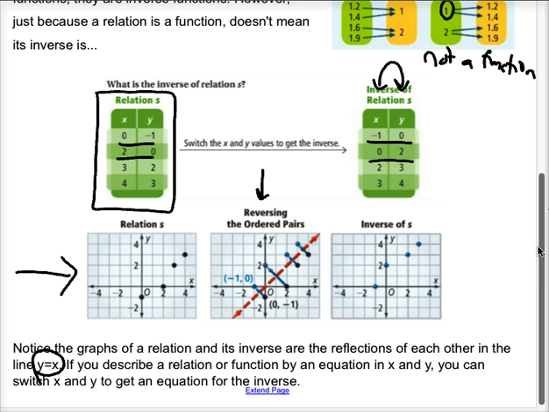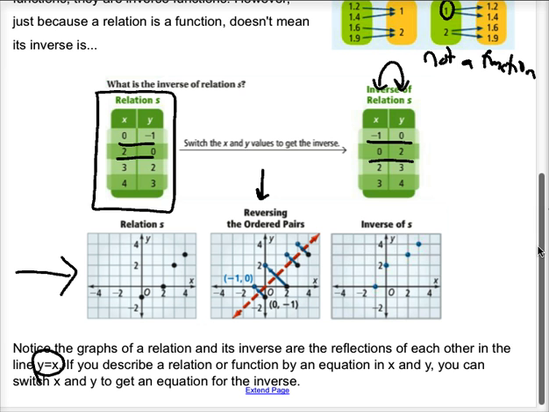That most basic line that we know, y equals x, when you plot inverse points, they end up creating a mirror image across that line. Okay? Now, the cool thing is, the same thing holds true even when you're dealing with equations.